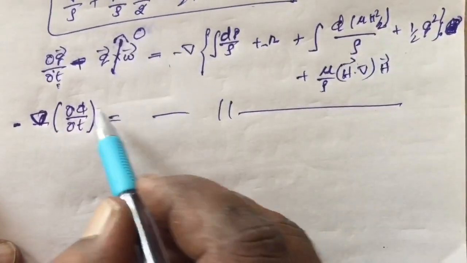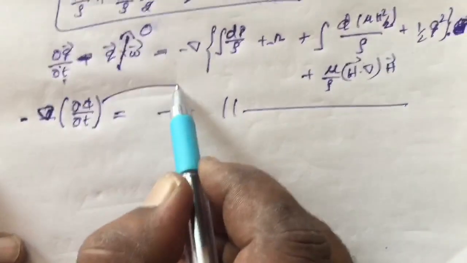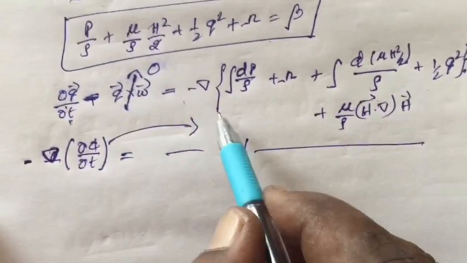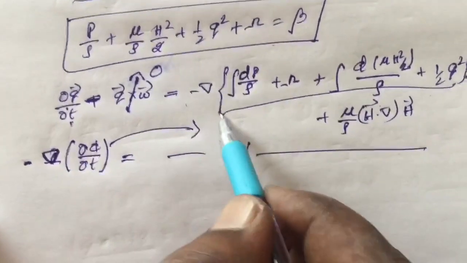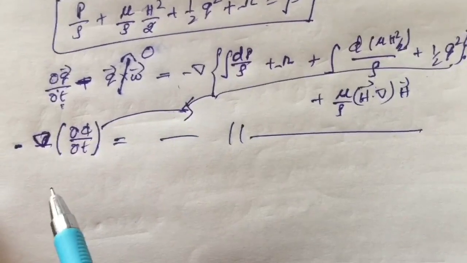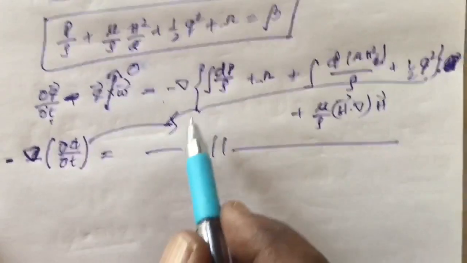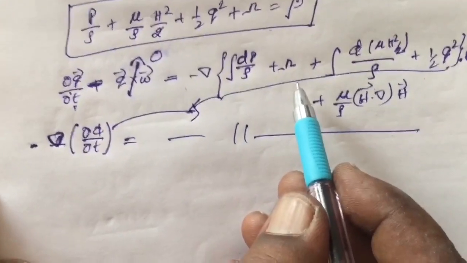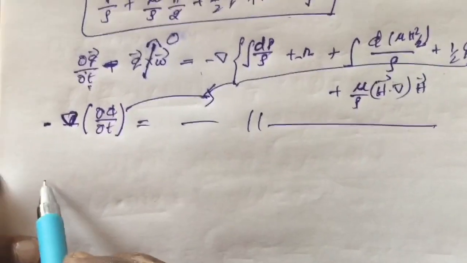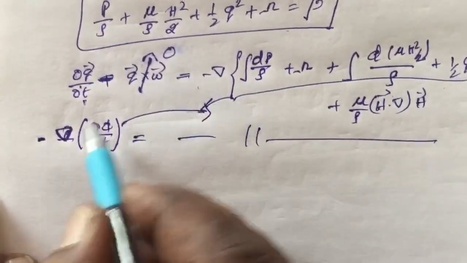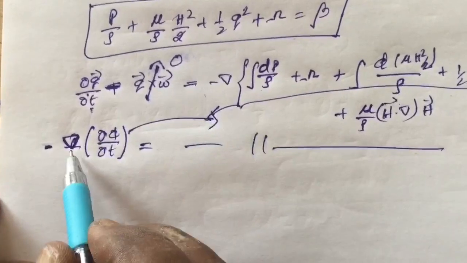Now you can take this term to the left hand side, or to the right hand side, as you wish. By taking this term across, they will become plus and this is minus.